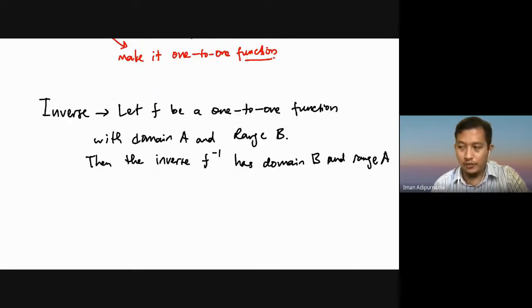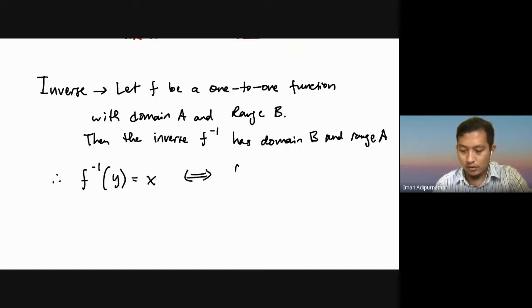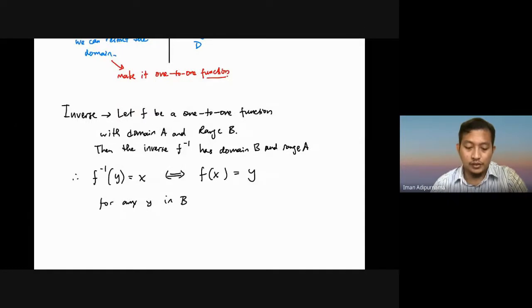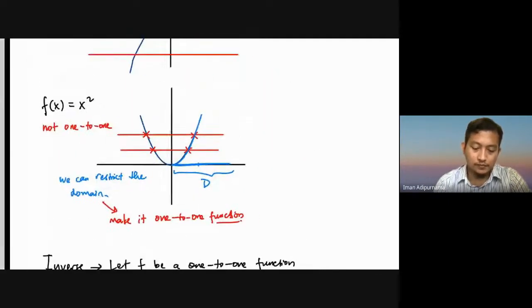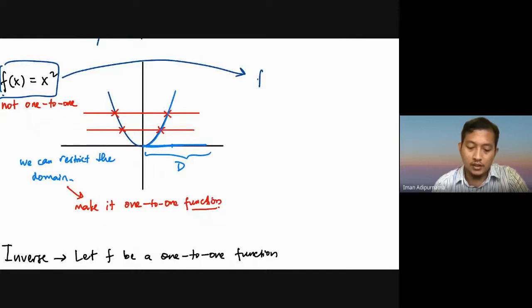That's the definition of the inverse. And then we can define this for any y in B. That's the definition of the inverse. So back to this x squared: based on the function and the domain, we can restrict the domain, and then we can make the inverse. The inverse on some domain will be square root of x.